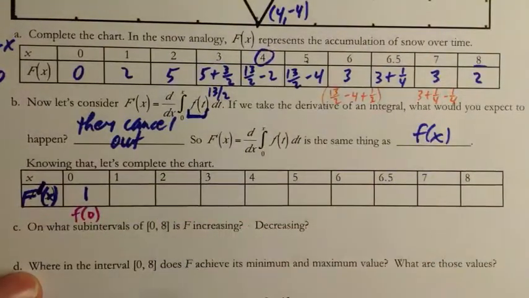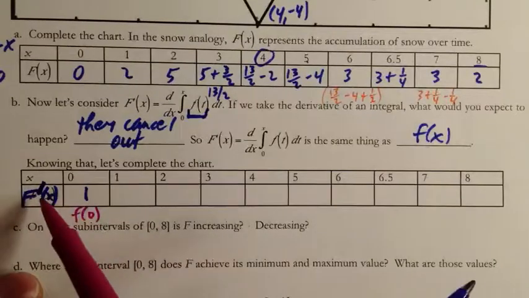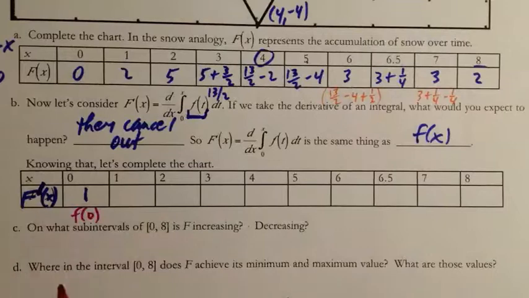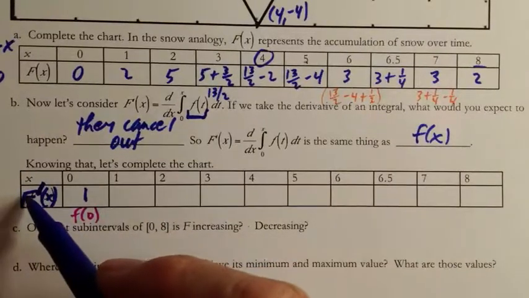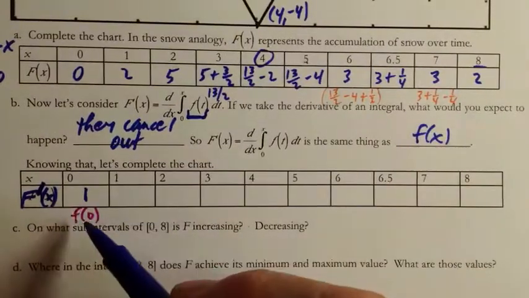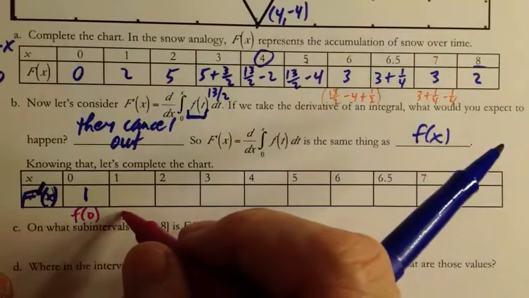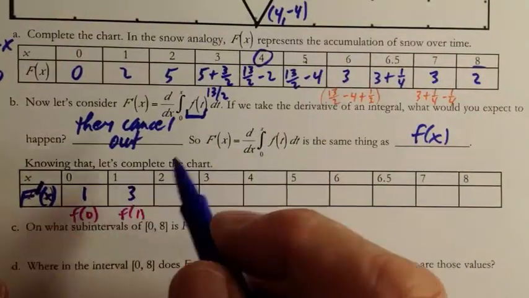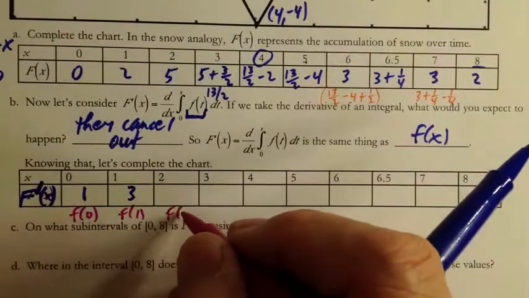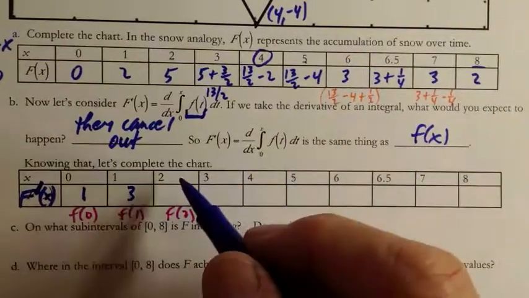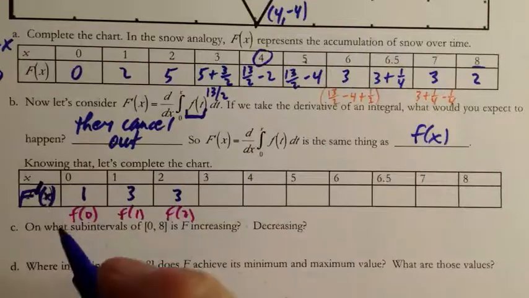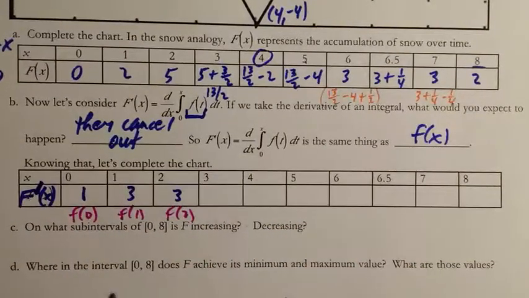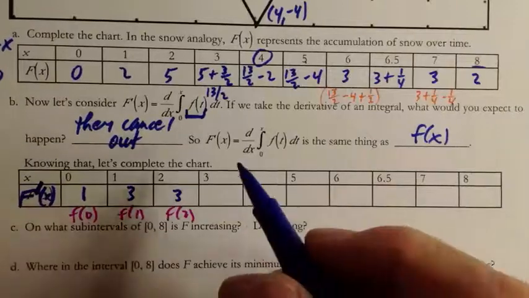You don't have to accumulate area. F prime is not accumulating area. F prime is only lowercase f of whatever. Capital F prime of 1 is lowercase f of 1, and lowercase f of 1 is 3. Lowercase f of 2 is also 3. Capital F prime of 3 would be lowercase f of 3, which is 0.